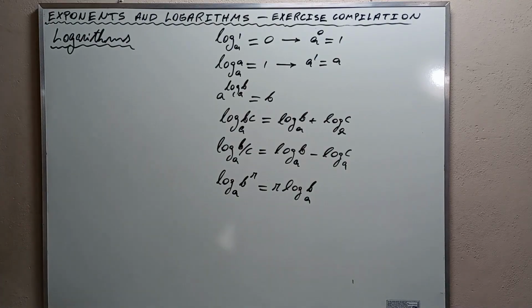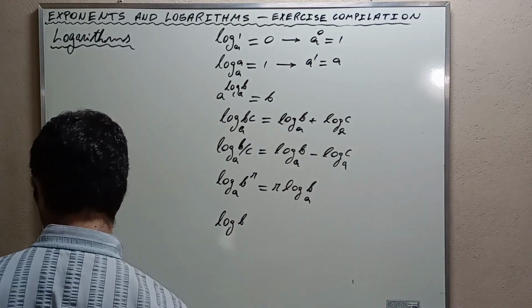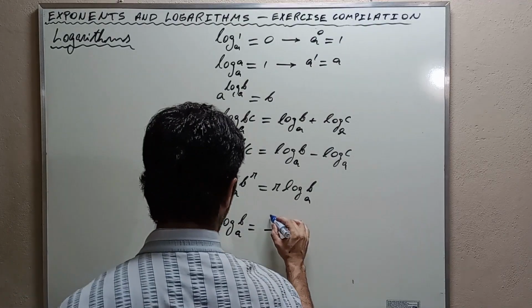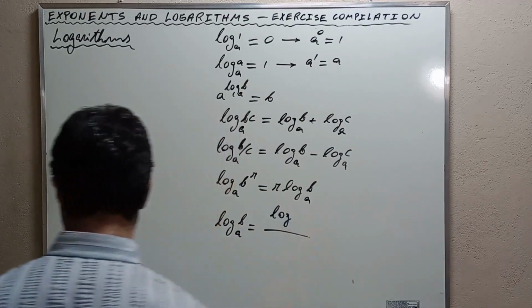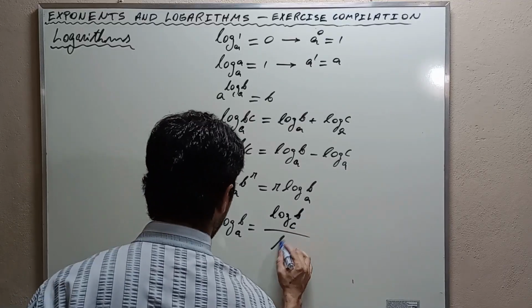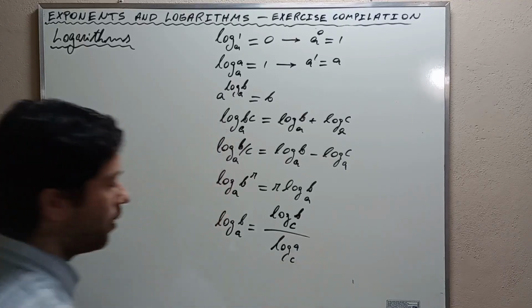And the last identity that we are going to use, that's going to help us a lot with the exercises, is the change of base. The change of base is this: the logarithm of b base a is equal to the logarithm b base c divided by the logarithm a base c.